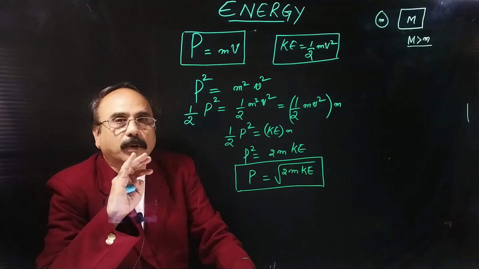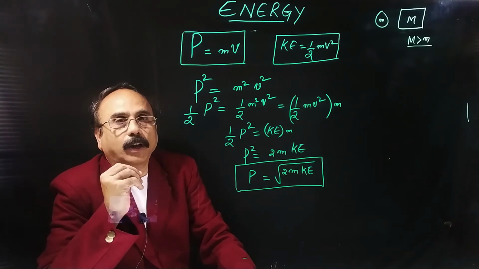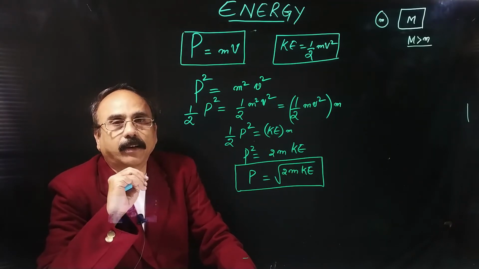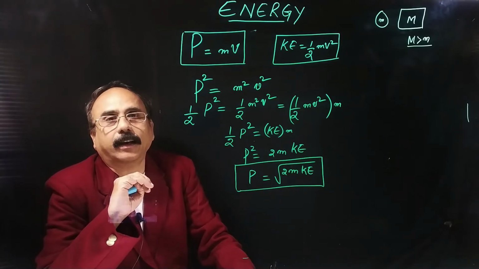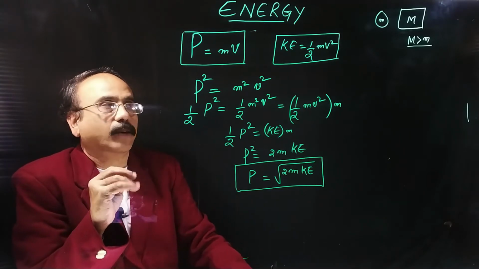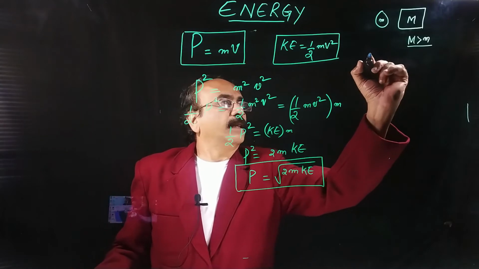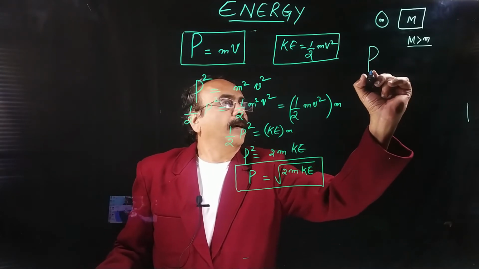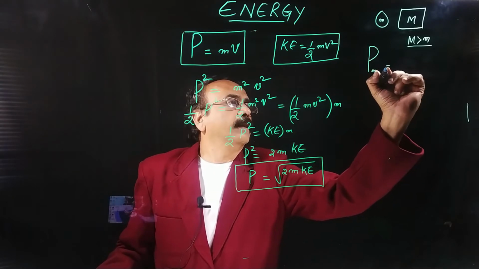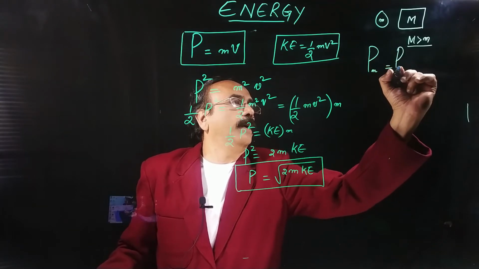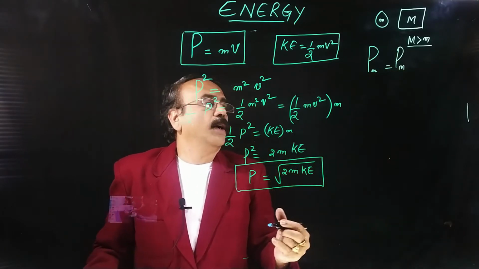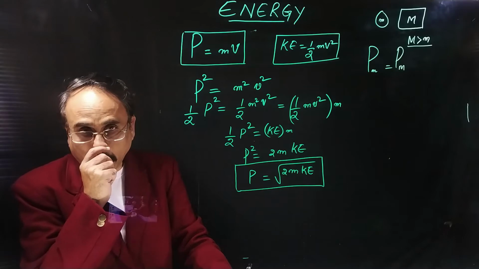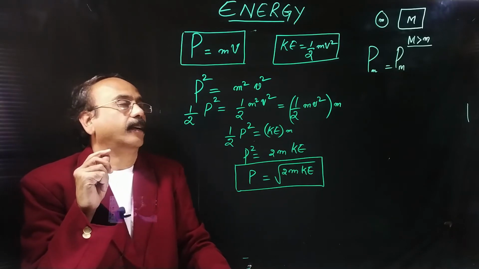These two bodies possess the same amount of momentum, then which one will have greater kinetic energy? That is the question. What is given? The P of lighter mass is equal to the P of heavier mass. Now we have to investigate whose kinetic energy is greater.